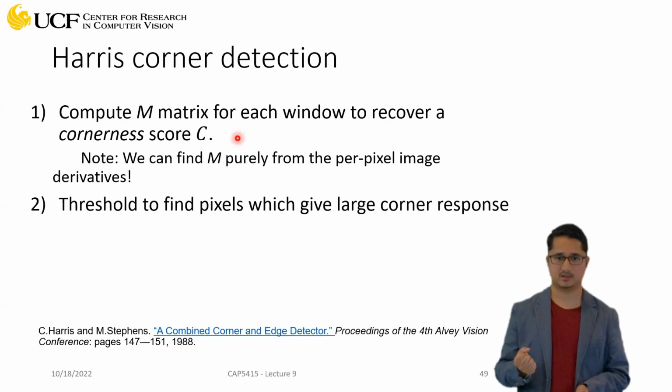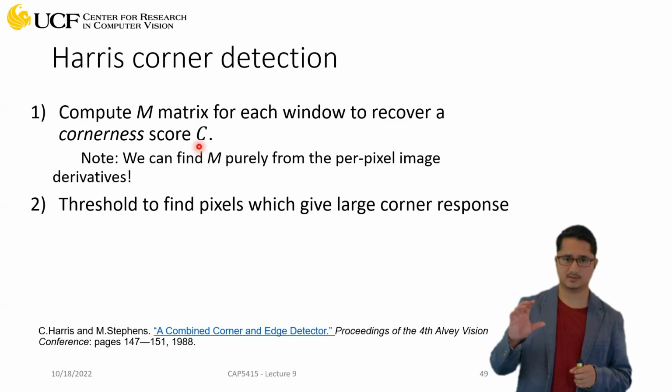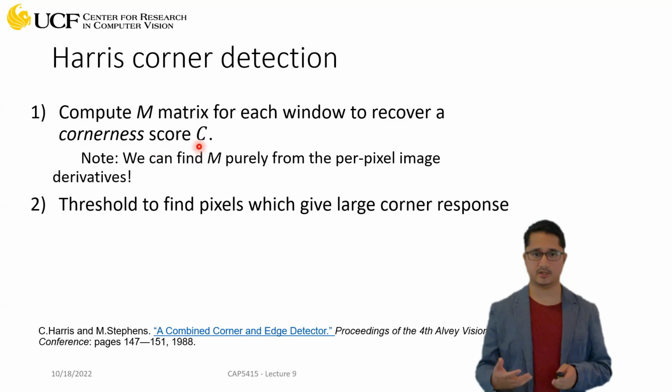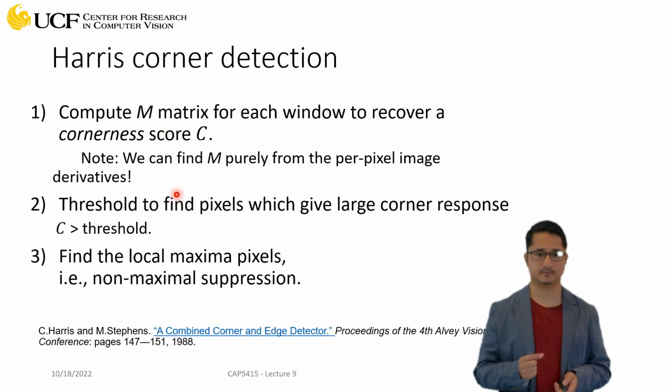Then a lot of heuristics are involved, first of all in how to compute cornerness. Again, we have some heuristics for that, and it's not just heuristics; there's a lot of theoretical backing to it, which we will not be able to cover. Then we put some kind of threshold on this cornerness score to determine whether that point is a corner or not.